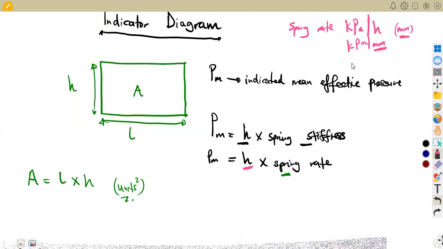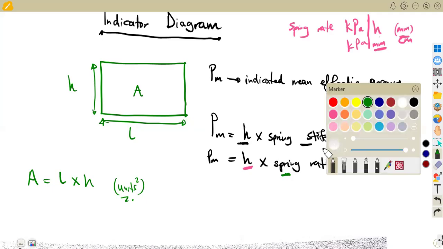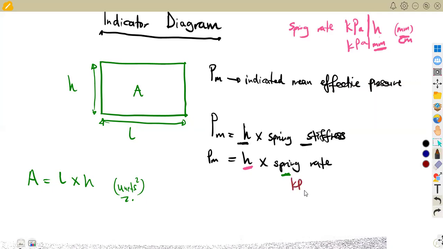If they say kilopascal per centimeter, it means your height must be in centimeters. So the spring rate, which is the pressure per unit of height, also affects your height. Kilopascal per centimeter, the height must be in centimeters.